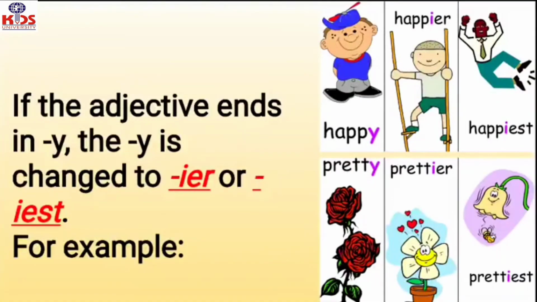Now we are going to read it as happy, happier, and happiest. Happier and happiest are the comparative forms of happy. Another adjective is pretty, and their comparative forms are prettier and prettiest.